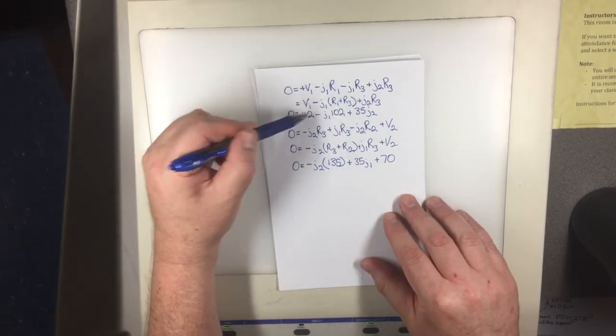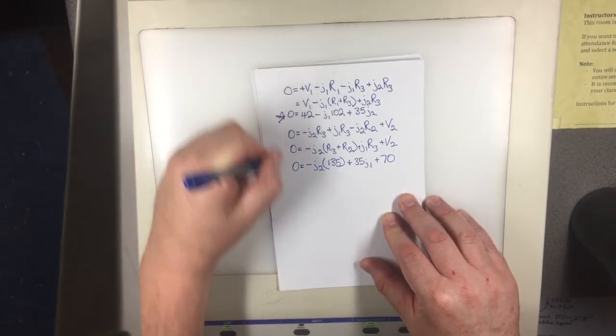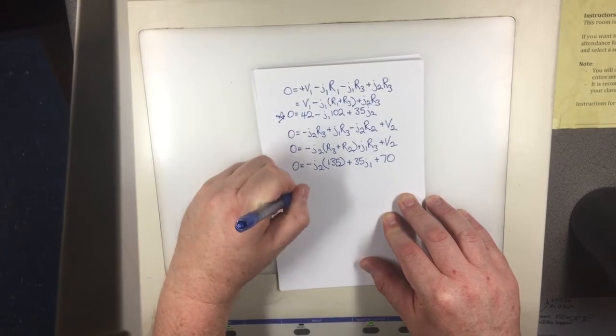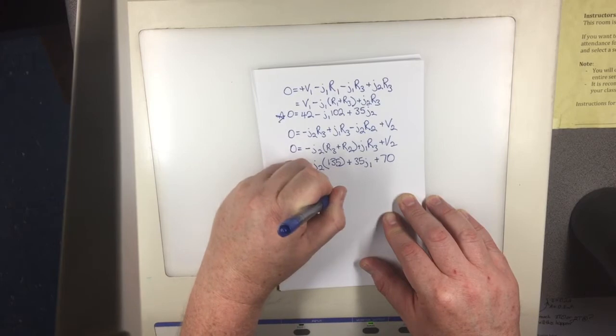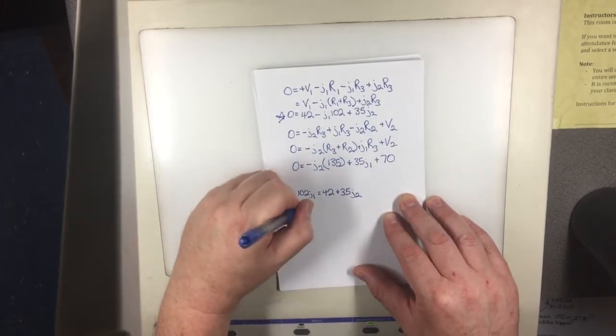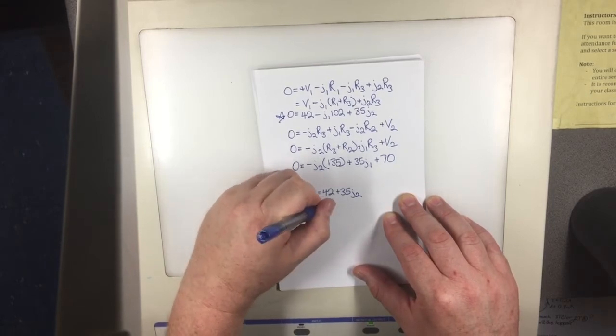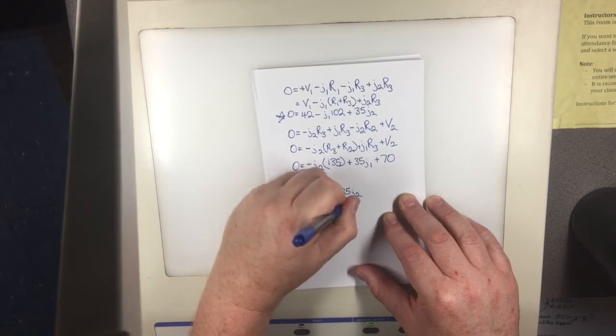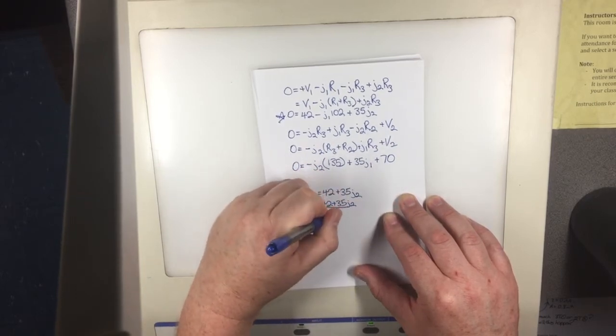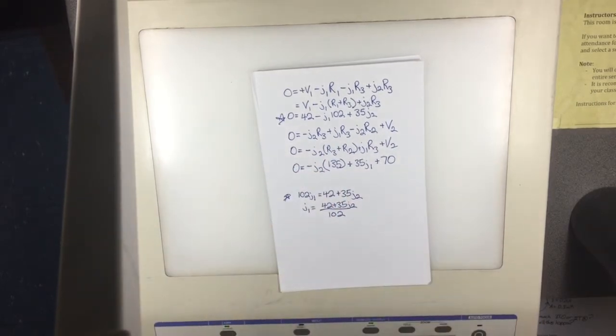I'm going to solve for J1 up here. So this is 102 J1 is equal to 42 plus 35 J2. So J1 is 42 plus 35 over 102. Kind of bizarre. Should be minus 35. You are correct.